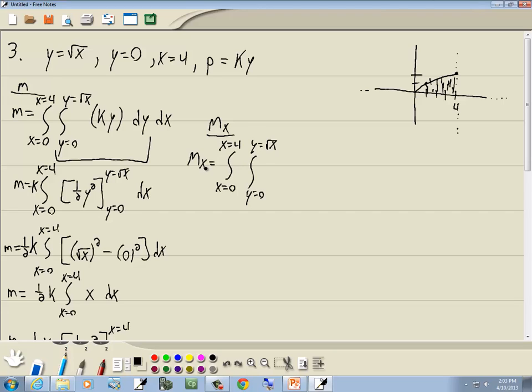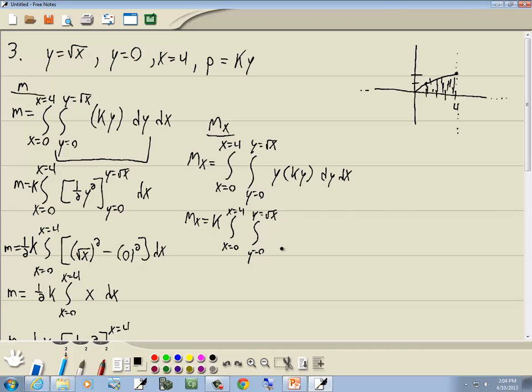And we're finding the moment with respect to x, we'll plug a y in, times rho. And rho is ky, dy dx. Well, the k I can put clear out in front, like that. X is equal to 0 to x is equal to 4, and y is equal to 0 to y is equal to square root of x.